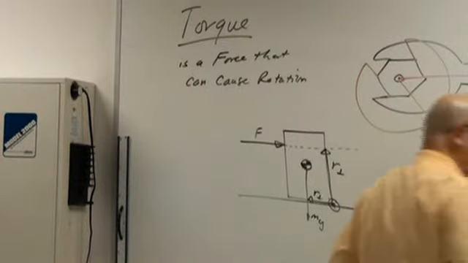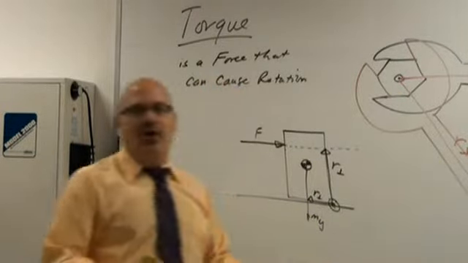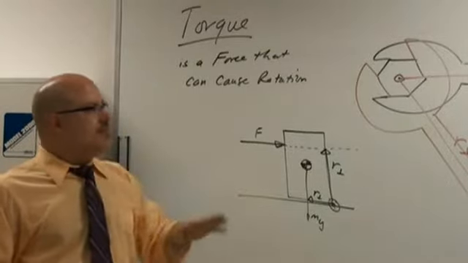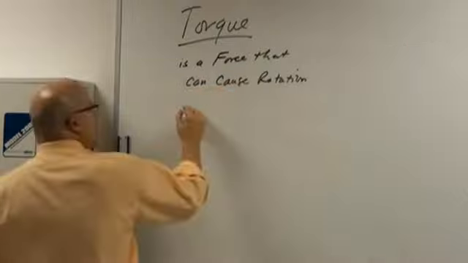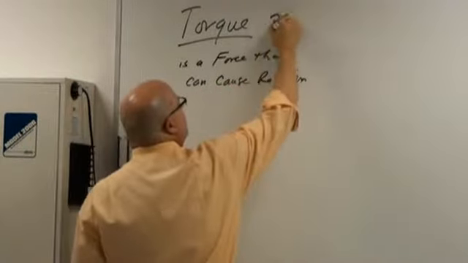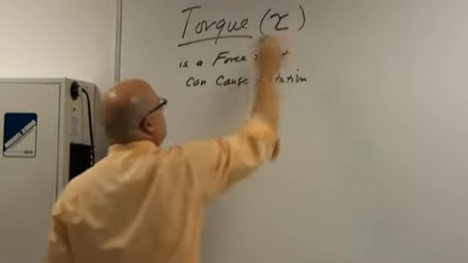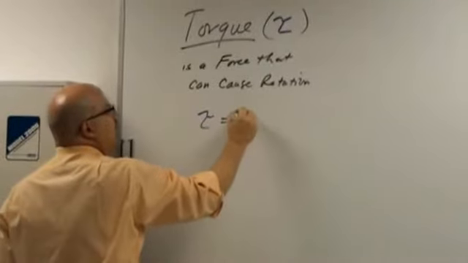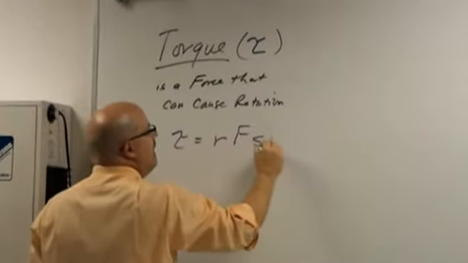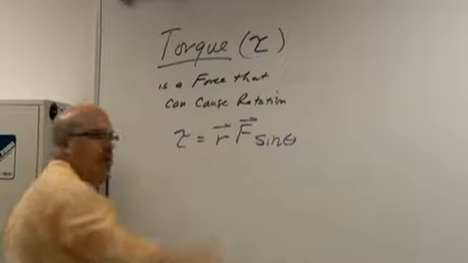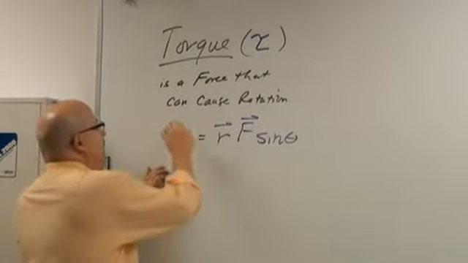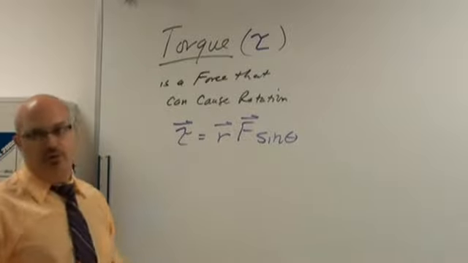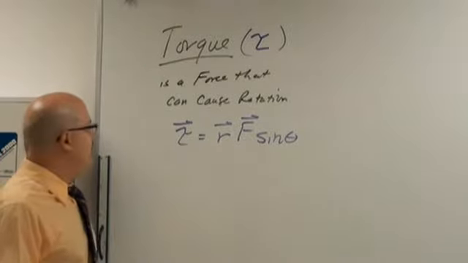All right, let's back up a little bit and look at torque again. Torque, the symbol tau, equals R F sine theta, where theta is the angle between these two vectors. And torque is a vector as well, which we'll address in just a minute.